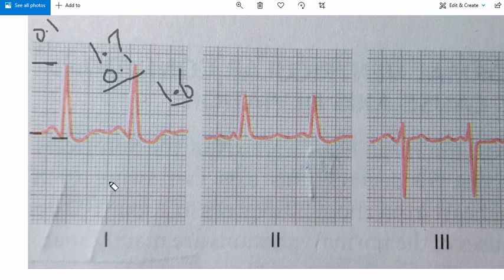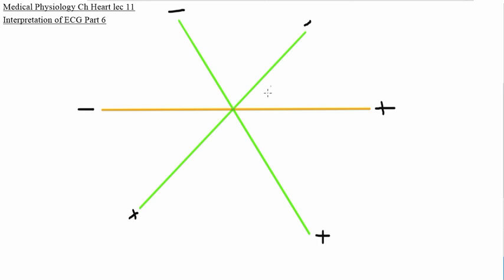Now we will place this interpretation from the electrocardiograph on the axis of our limb leads. First, you have to calibrate these leads. This is the zero central point. Just assume this is 1 millivolt, and this is 2 millivolt. The distance covered by our QRS vector on lead 1 is 1.6 millivolt.